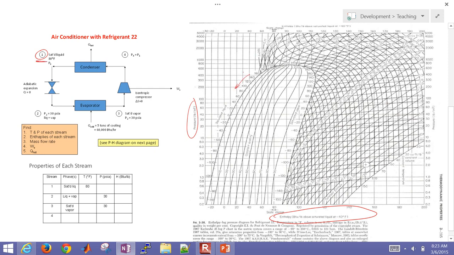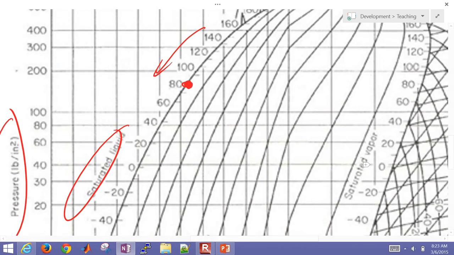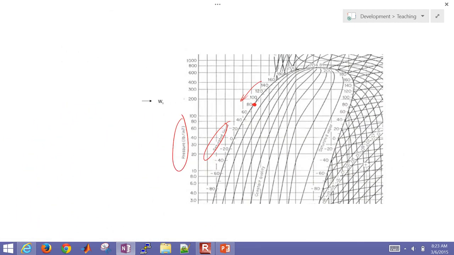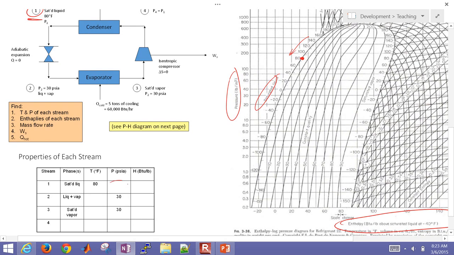So here are my temperatures. Here's the saturated liquid on this side. And so 80 degrees is going to be right here on the chart. What we want to do is try to find the pressure. So we need to get the pressure and then also the enthalpy at that point.